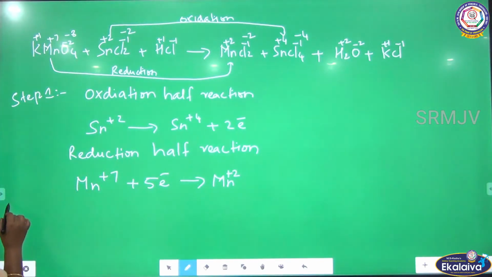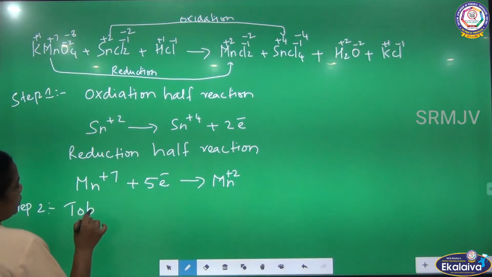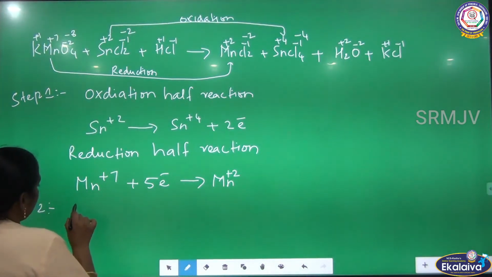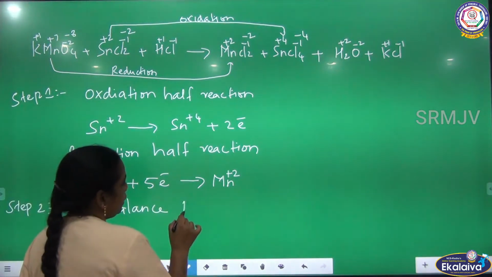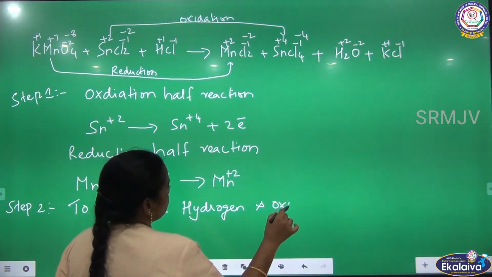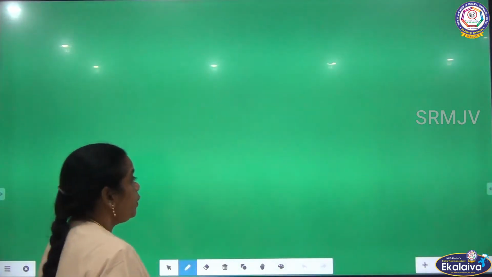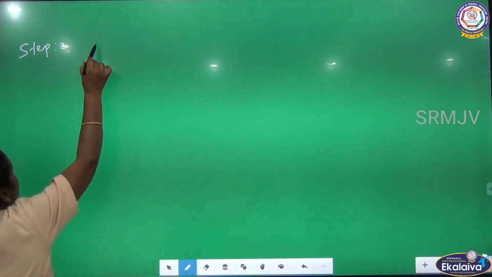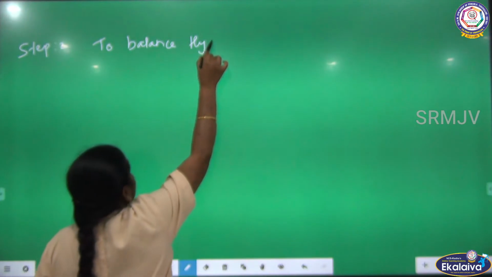Next step, step 2, to balance hydrogen and oxygen. To balance oxygen we add water molecules, and to balance hydrogen we add protons.